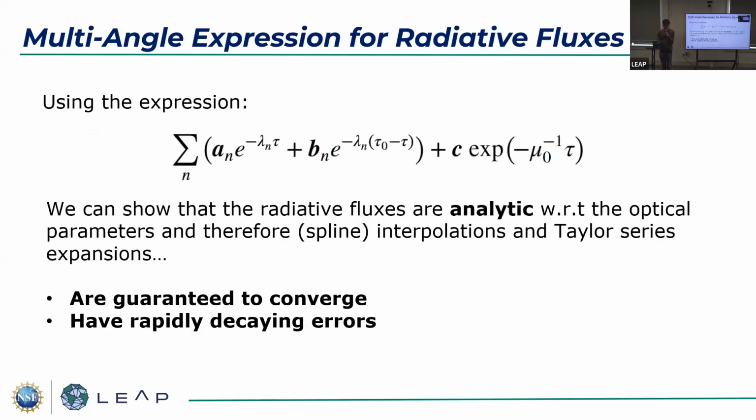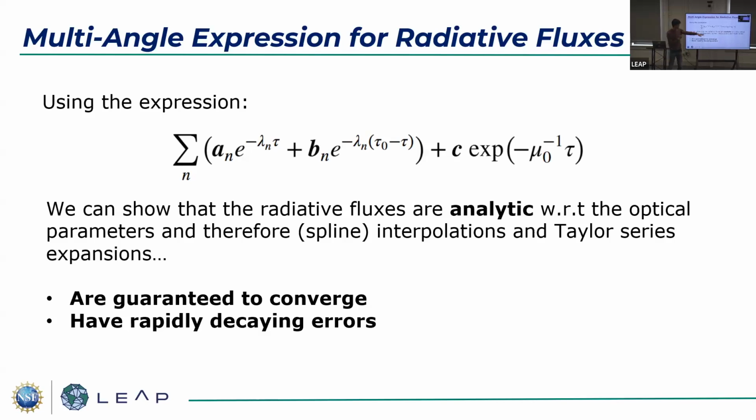However, using this same expression, we can show that the radiative fluxes are analytic with respect to the optical parameters. The optical parameters are the input into my radiative transfer solvers, either the two-stream or the multi-stream. And therefore, spline interpolation in general, and Taylor series expansions, are guaranteed to converge, and you have rapidly decaying errors.